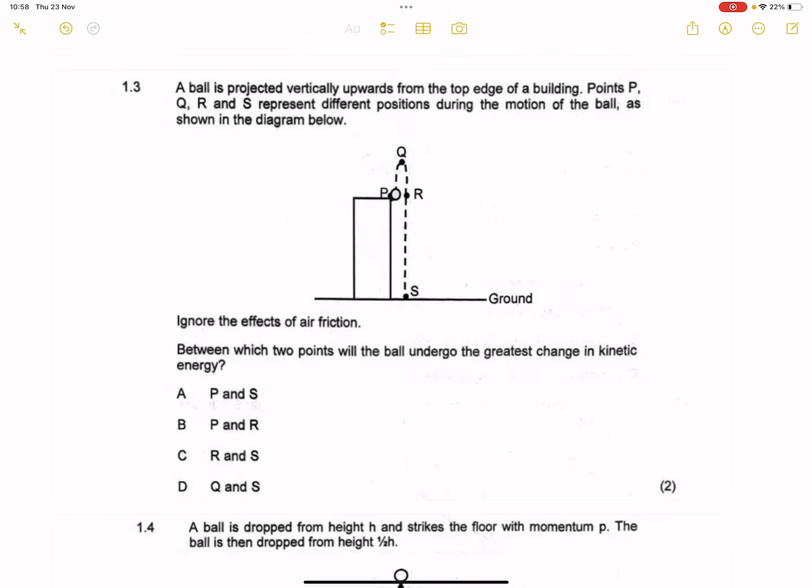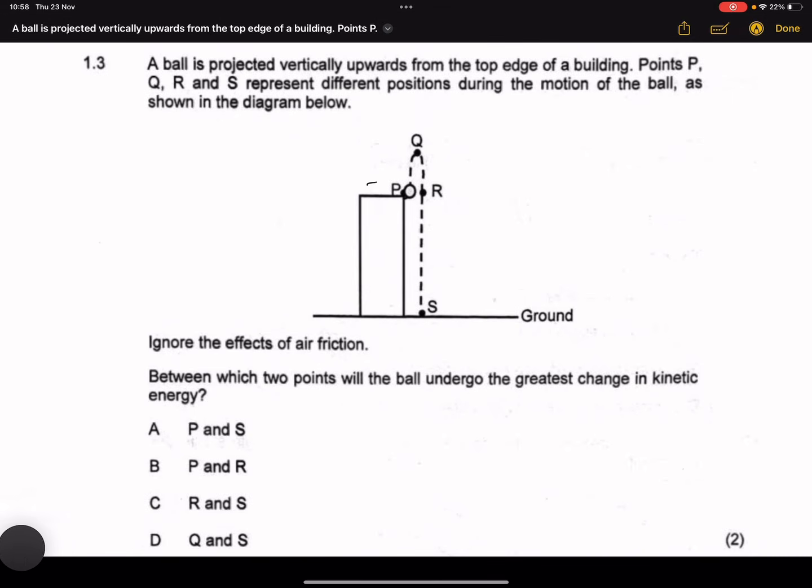All right, now remember that kinetic energy is not a function of the direction of the ball, right? Now, if you think of it, suppose, for argument's sake, we say the ball started with an initial velocity of 5 meters per second. Of course, it would come back to the same point with the speed of 5 meters per second, right? If we chose up as positive, this would be negative, right?